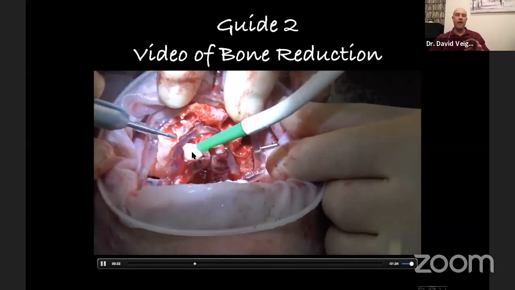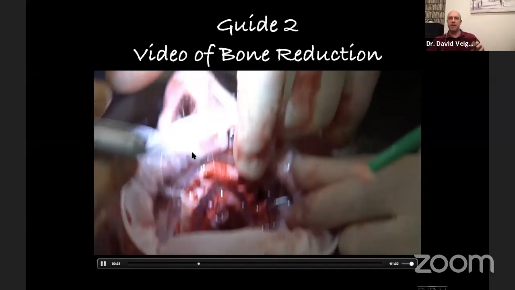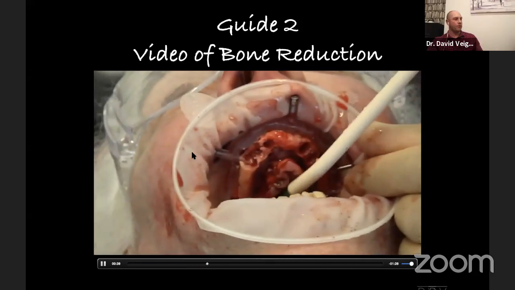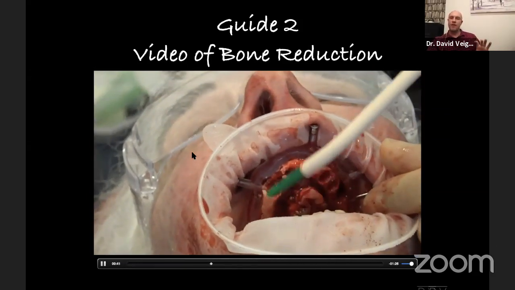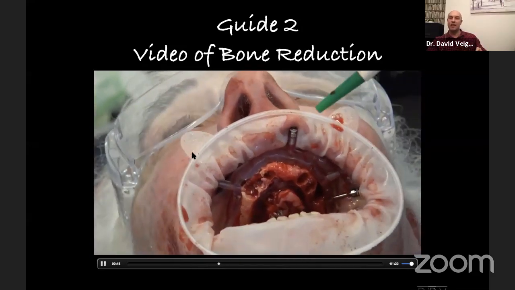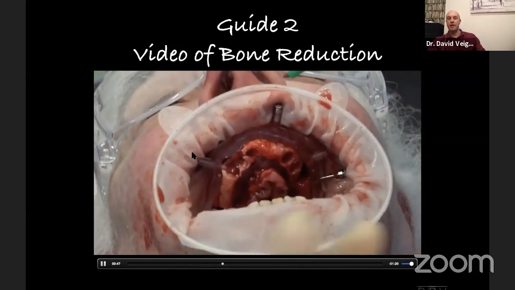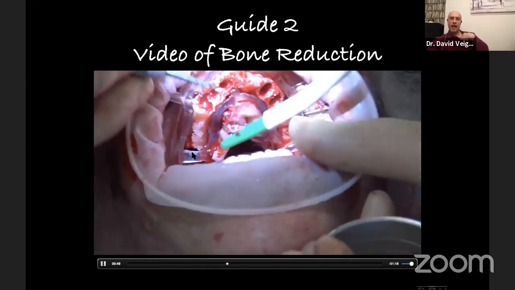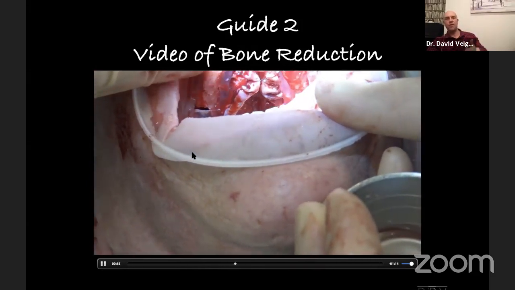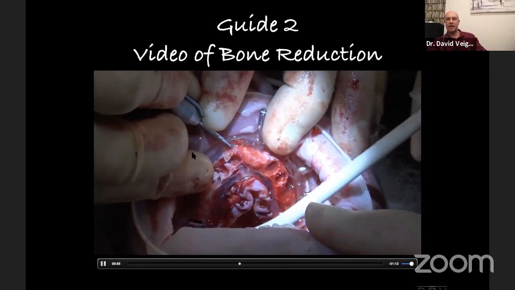And you've got to be quick to do this, because if anyone's into full arch dentistry, you know you've got local anesthetic time. So if you're not moving quickly, you're going to run out of time. So yeah, you get in there, get that bone off. You can use rongeurs, you can use a piezo, you can use whatever you like. I like a number 7.